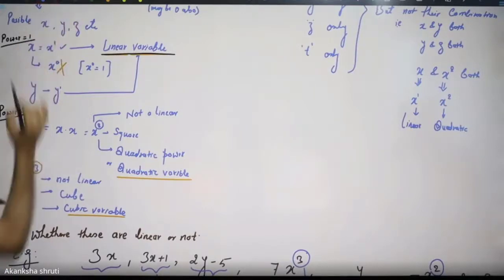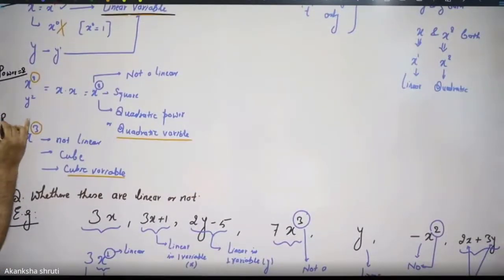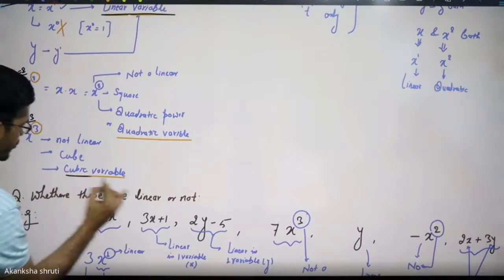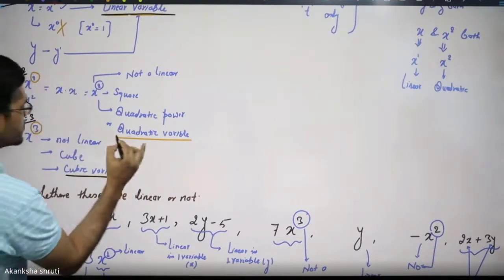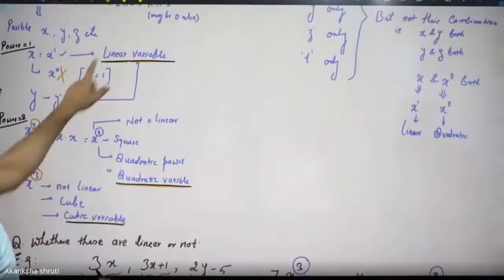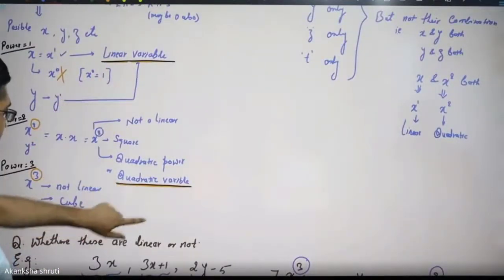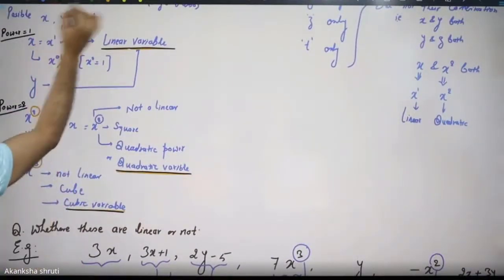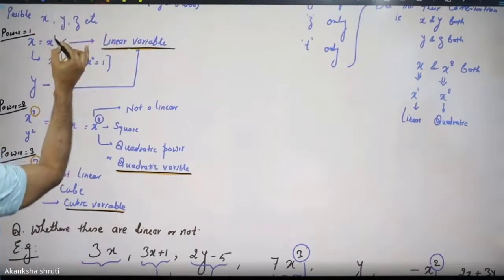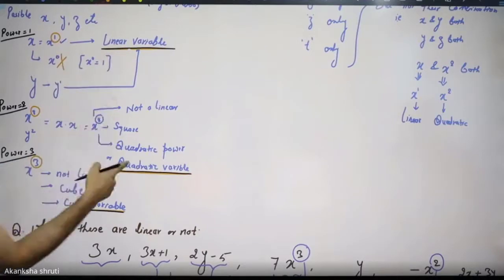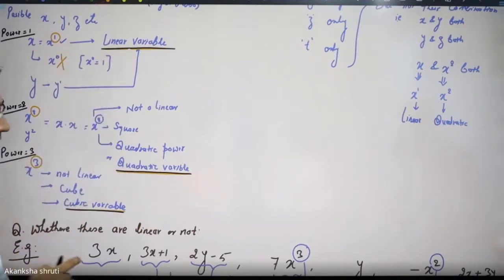If the power of the variable is 3, then it is called a cubic variable. If the power was 2, it is called a quadratic variable. So the terms linear, quadratic, and cubic are associated with the power of the variable, students. So it is important. The power gives the name linear, quadratic, and cubic.